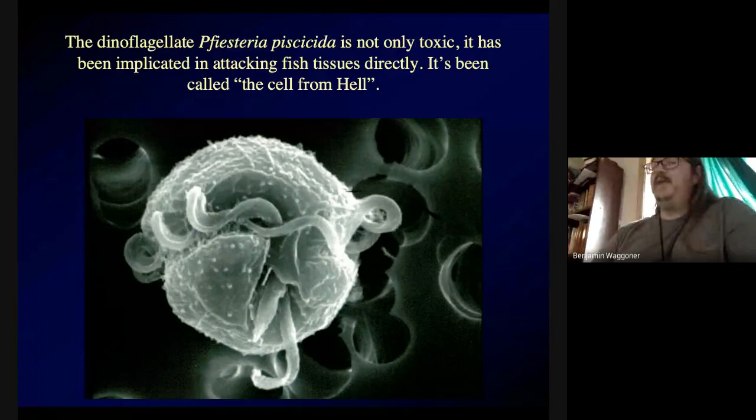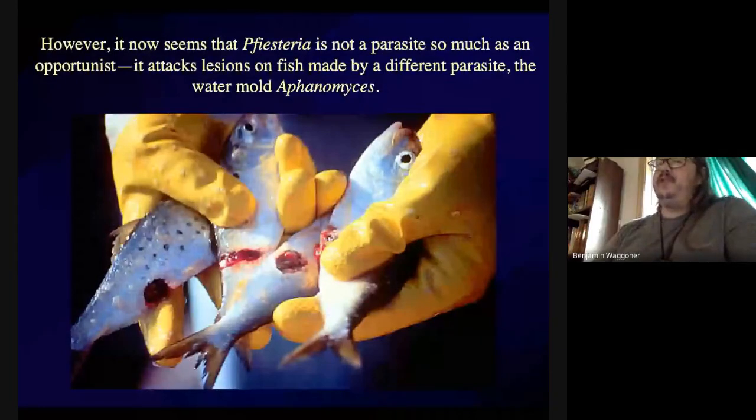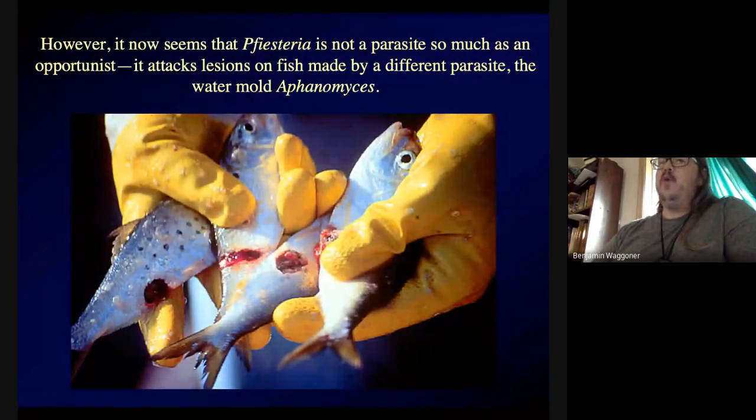So the toxin here is supposed to be really, really bad. By the way, that thing that looks like a spring that's kind of wrapping around this cell, that's that transverse flagellum I was talking about. And these are lesions on fish that have Pfisteria growing in them.